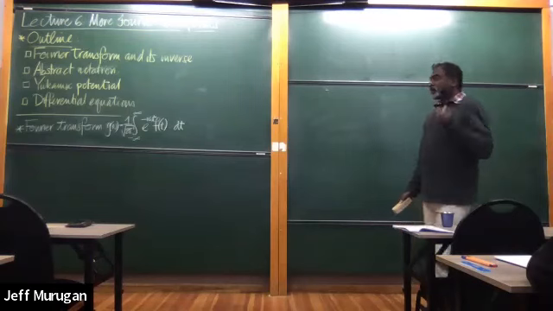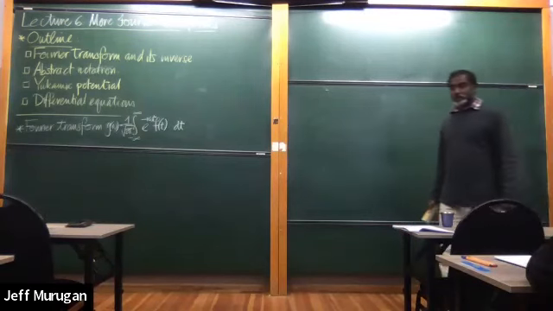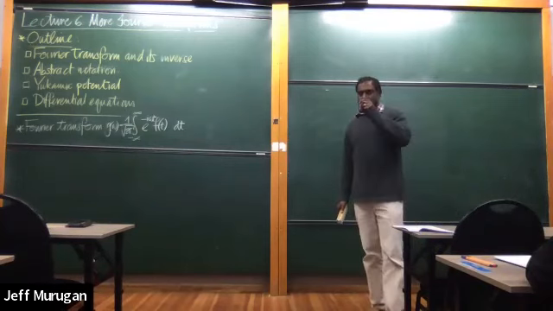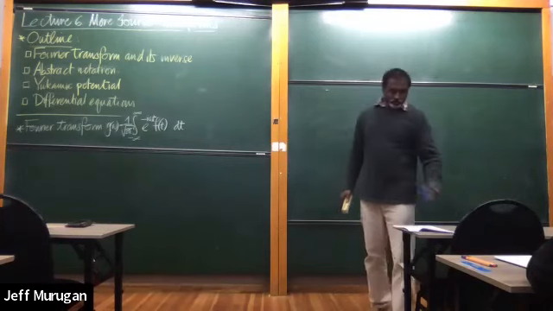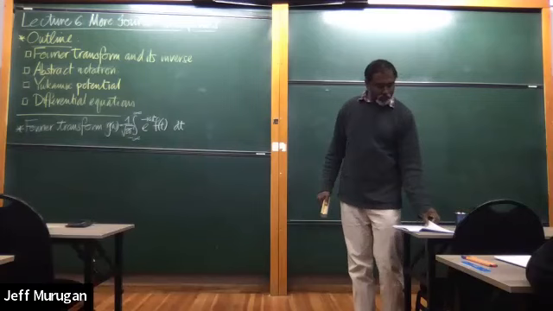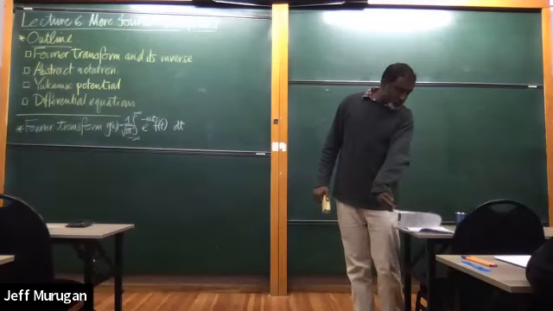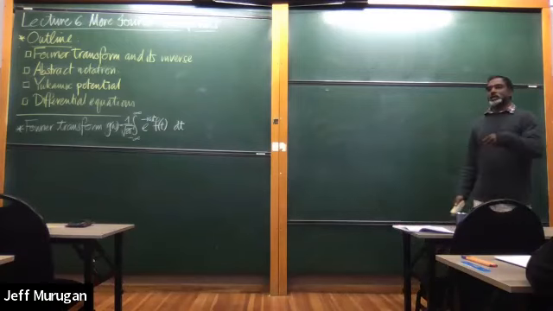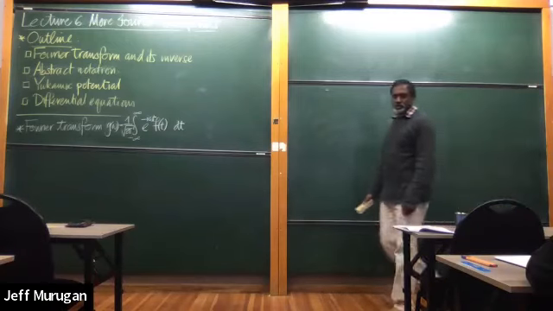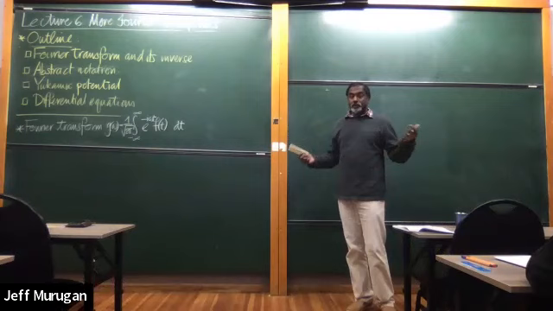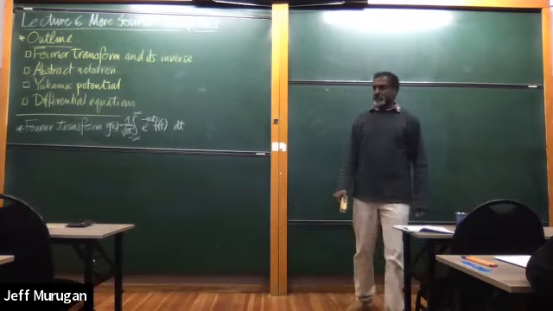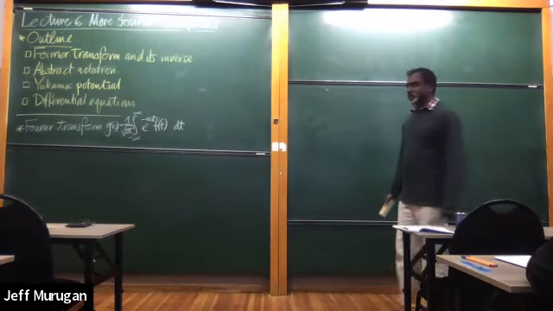Now, we did an example where I took an exponential, e to the minus alpha mod x, and I did this integral for you. I showed you that very straightforwardly it evaluates to something that goes like alpha over alpha squared plus k squared.